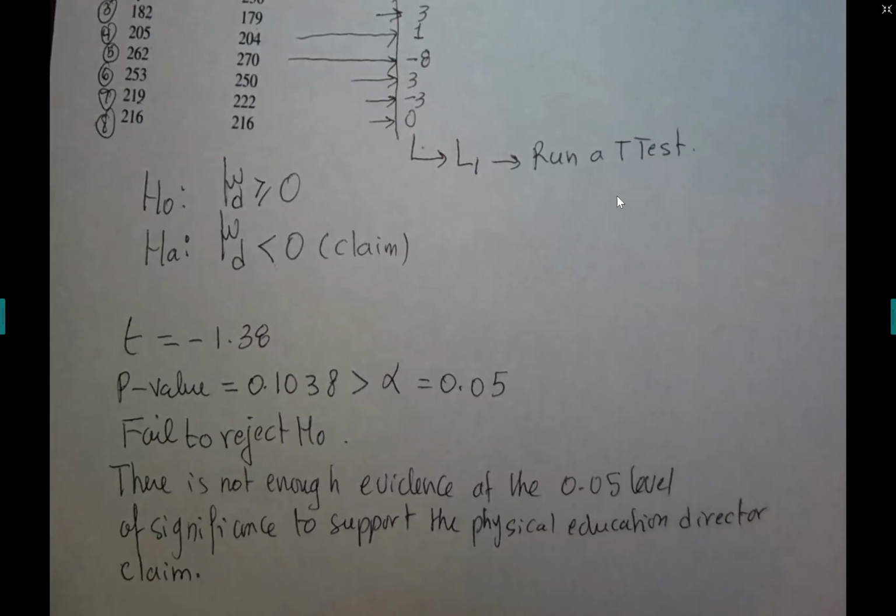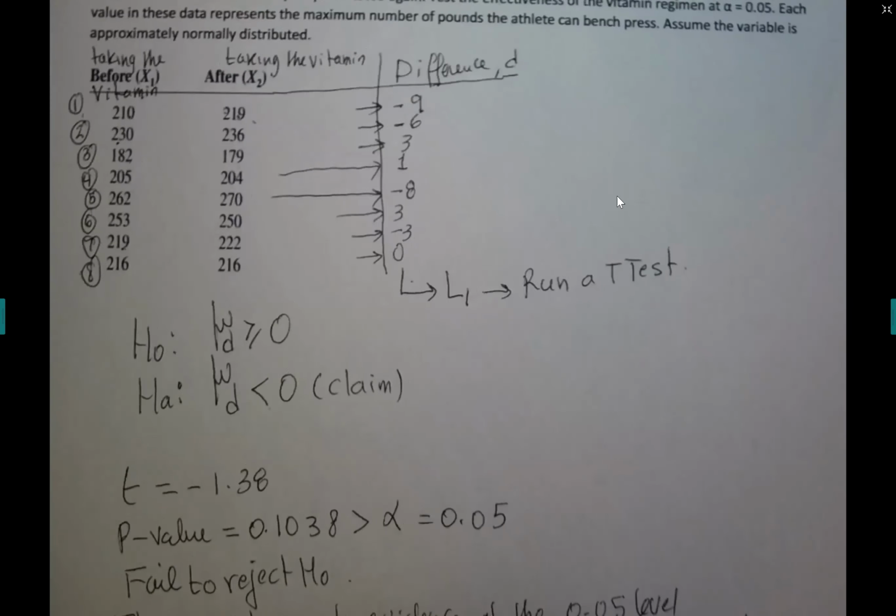Let me ask a question here, guys. What about if I give you the same question on the test next week and change a couple words there? Test the claim that taking the vitamin makes no difference in improving the bench press. What would be your null and the alternative hypothesis? So it says makes no difference.